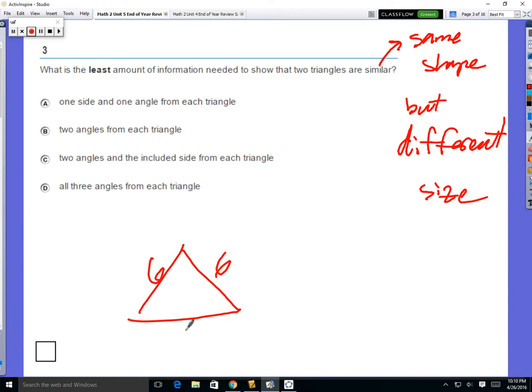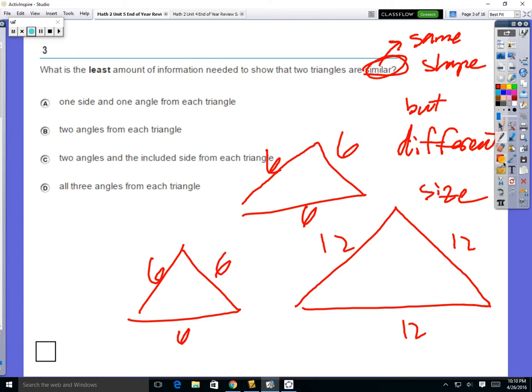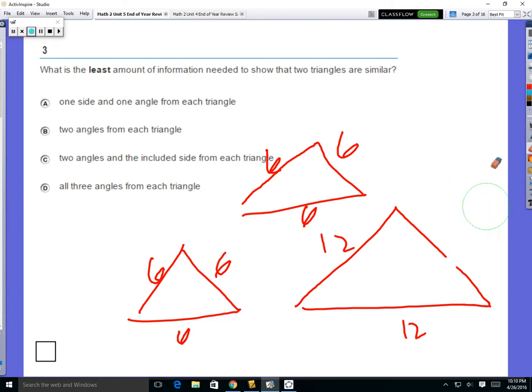Let's say you've got a 6, 6, 6, and if I double it, it's the exact same shape, but the size has been doubled. So a 6, 6, 6 is congruent to a 6, 6, 6. Congruent means it's the same shape and size, but it is only similar to the 12, 12, 12. So similar means it's been shrunken or dilated, blown up.